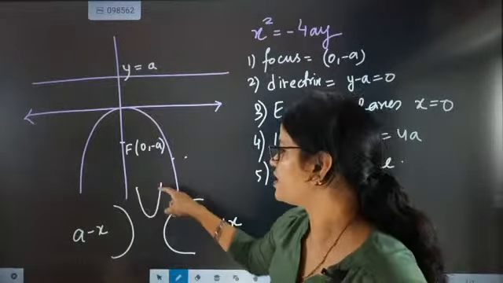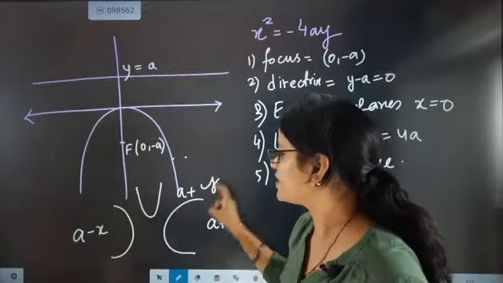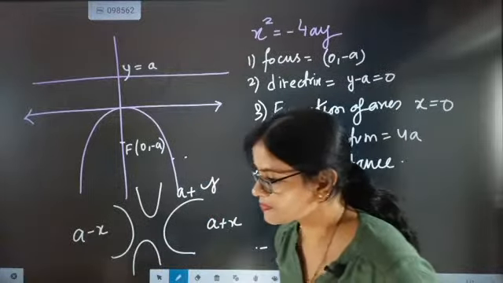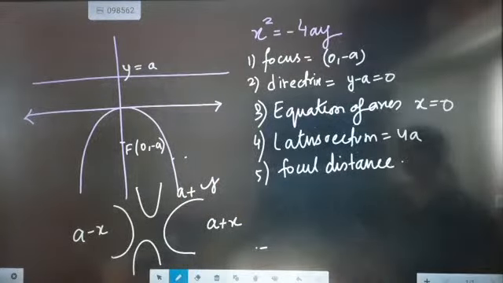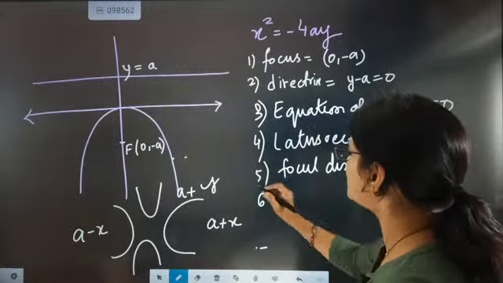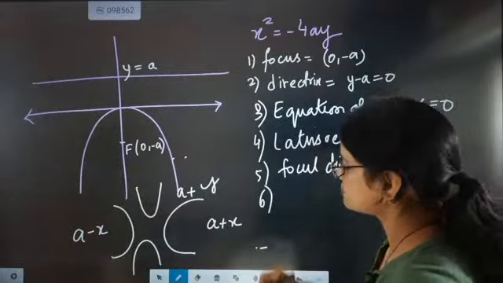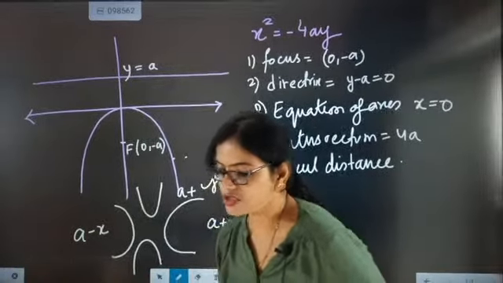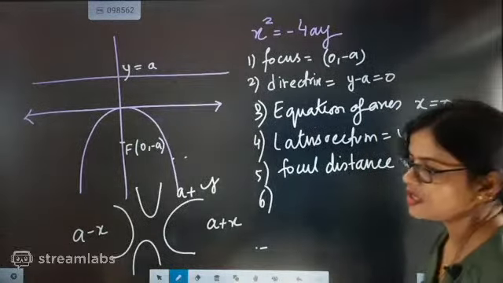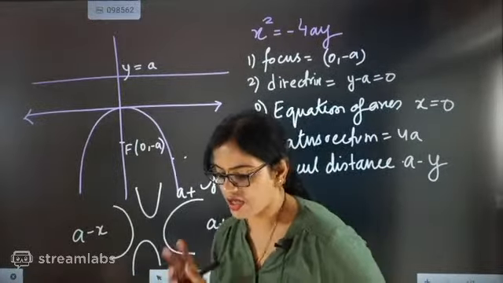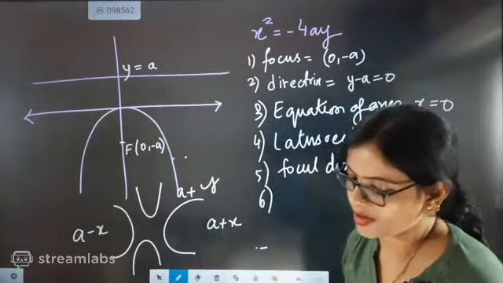When it was up, it was a plus y. So when it is down, what will it become? Correct, Gautam. When it is down, the focal distance is going to be a minus y, beta.